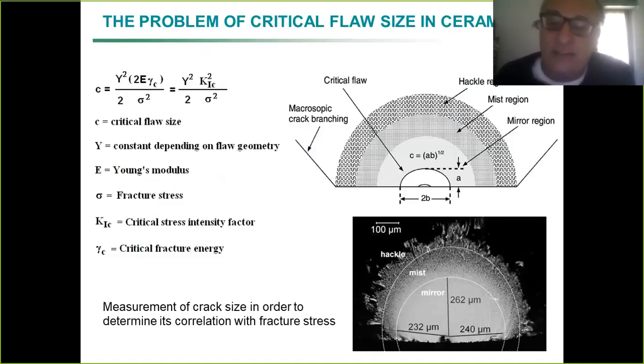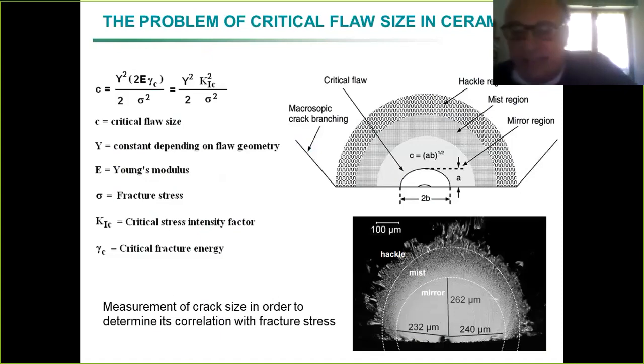If it is not circular, that means that the stress is not the same in all the points of the circumference, because there is no circumference. It's a quasi-circumference. This is a half of a broken sample from which we try to make considerations under the microscope.